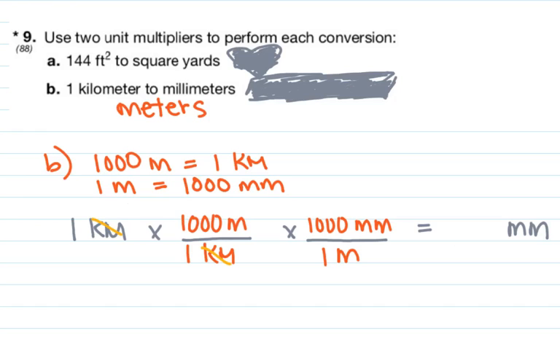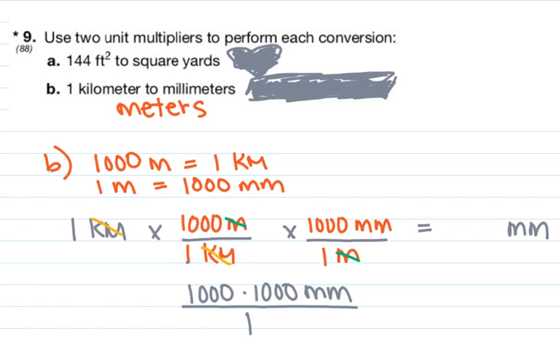There's my kilometers crossed out. There's my meters crossed out. And now I finish. I have 1 times 1,000 times 1,000 millimeters all over 1 times 1.